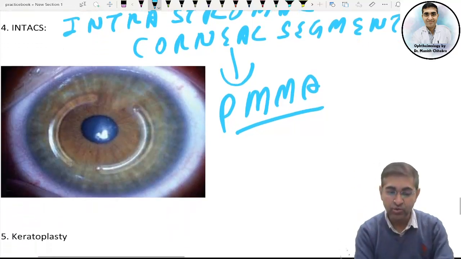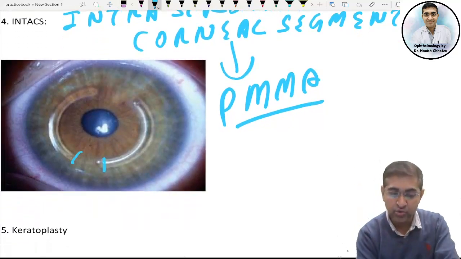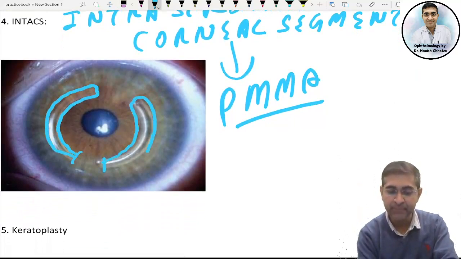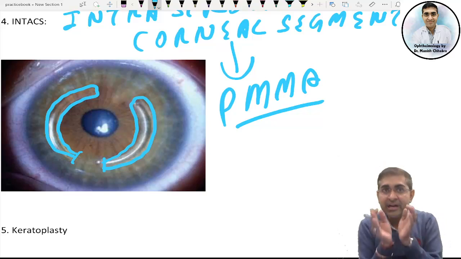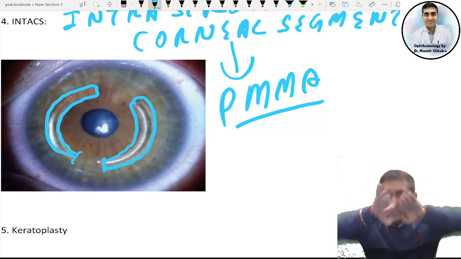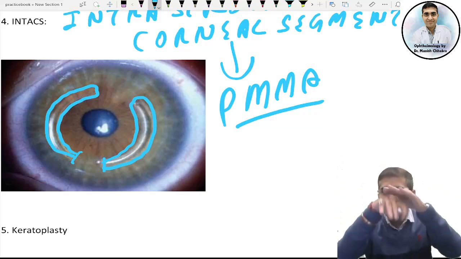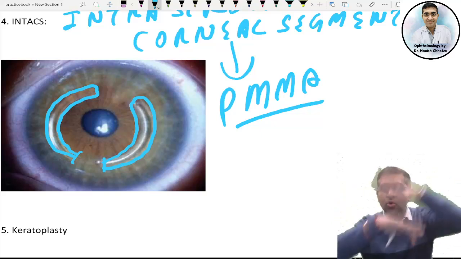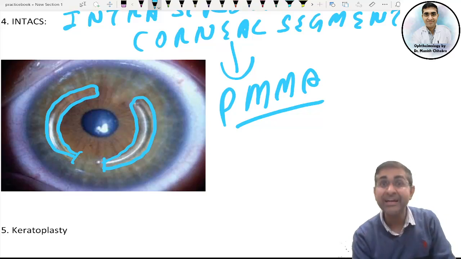So you give two cuts like this and you insert PMMA semicircular segments at the periphery, such that it stretches the cornea from the periphery and the cone of the cornea goes inside. So that is your Intacs.